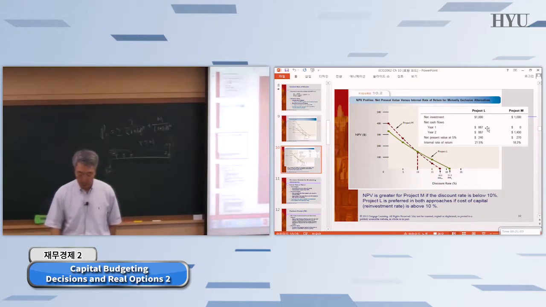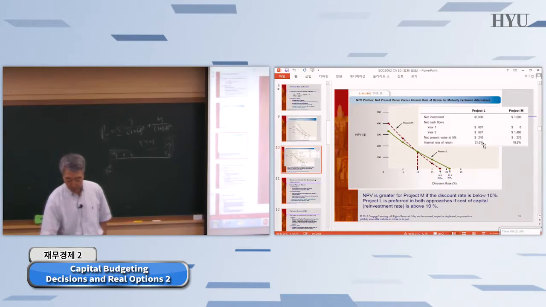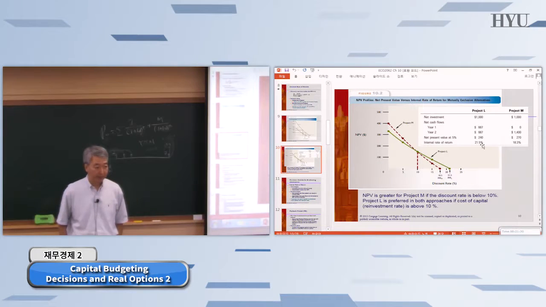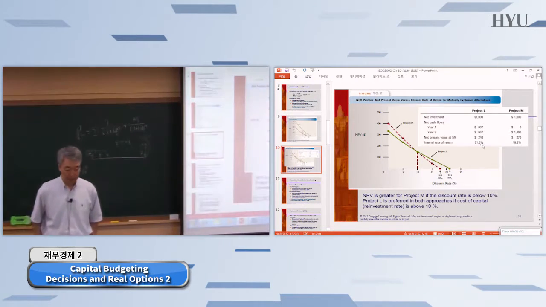The assumption is when they came up with the 21.5% annual return, this money, 667 earned in the first year, is reinvested at this rate, assuming that all the cash flows in the middle are reinvested at the same rate, right? They came up with this annual return of 21.5%. That's how IRR is calculated, right?